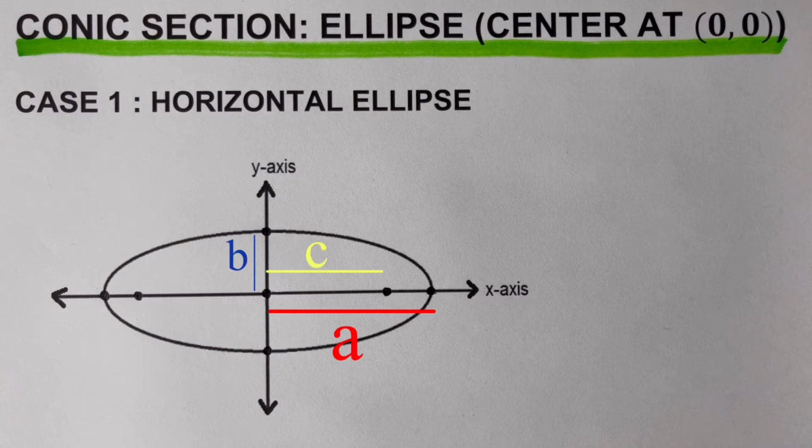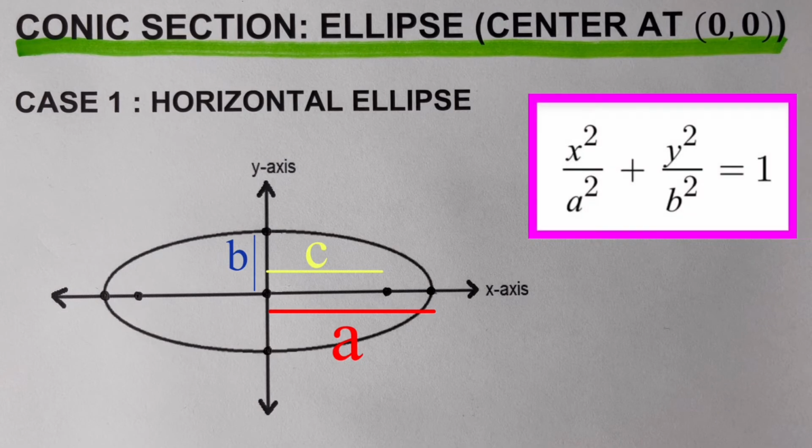Now, using these lengths A and B, we can come up with an equation of a horizontal ellipse, and that is x squared over a squared plus y squared over b squared is equal to 1.